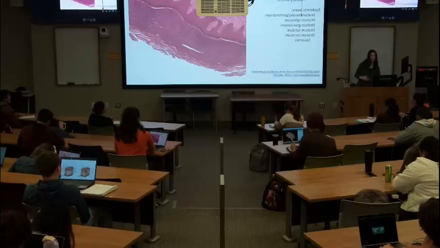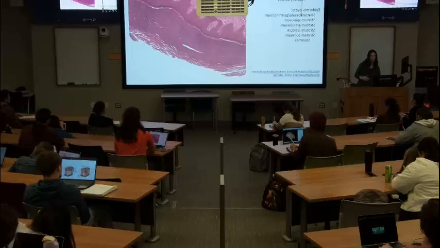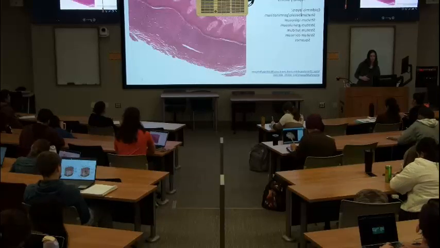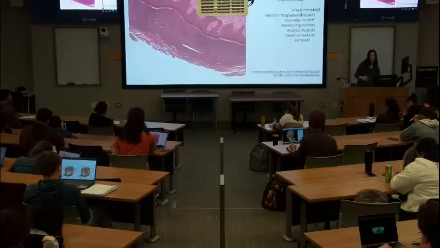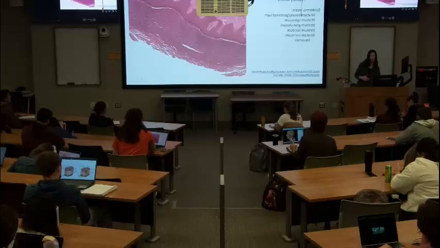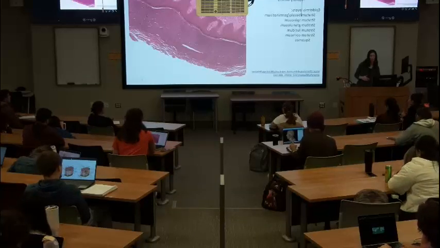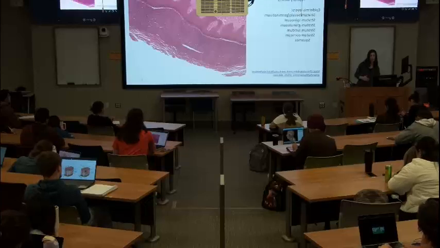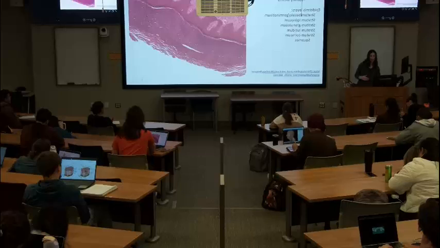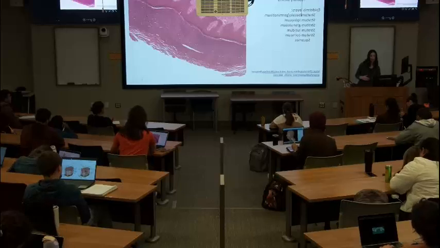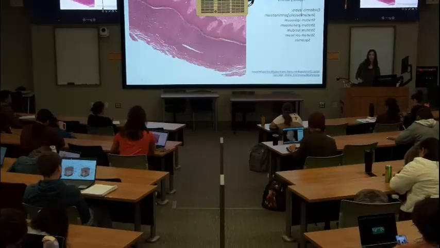So stratum corneum, down to here, and then you get this light colored layer, that's stratum lucidum, and then you get this very dark layer, and that's going to be the stratum granulosum, and then you get this thick layer with lots and lots of nuclei.